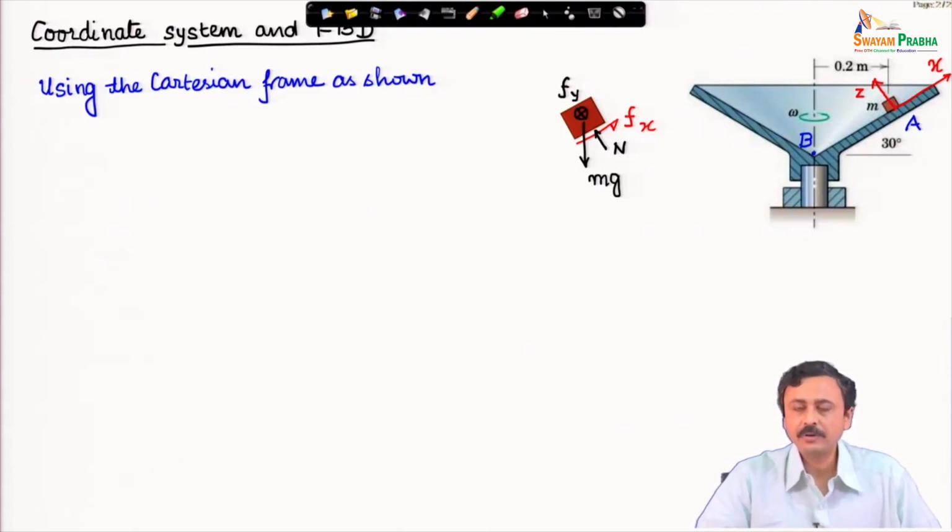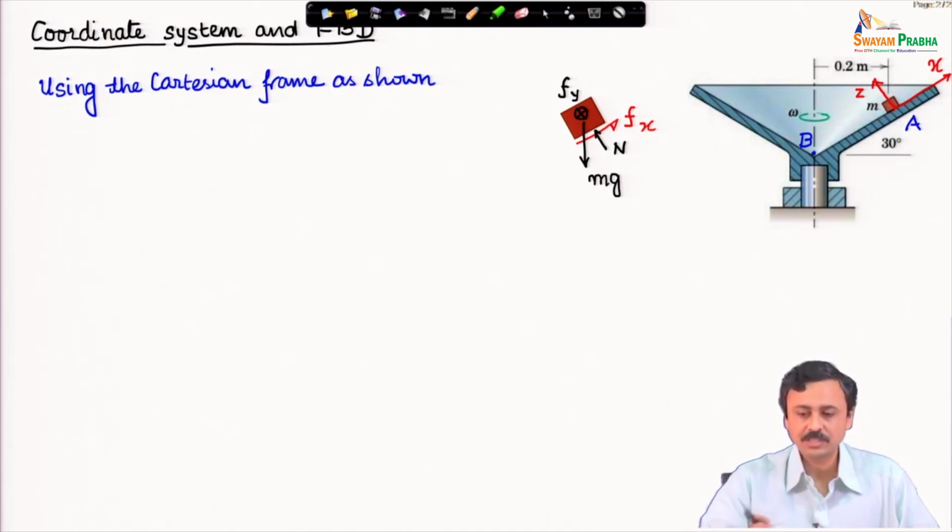Then there is the normal reaction from the inclined surface of the dish, which is acting perpendicular to the surface, and then you also see Fx, which is the friction force between the block and the dish along the x axis direction.